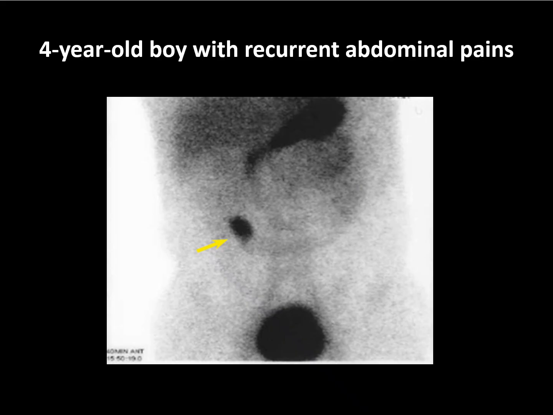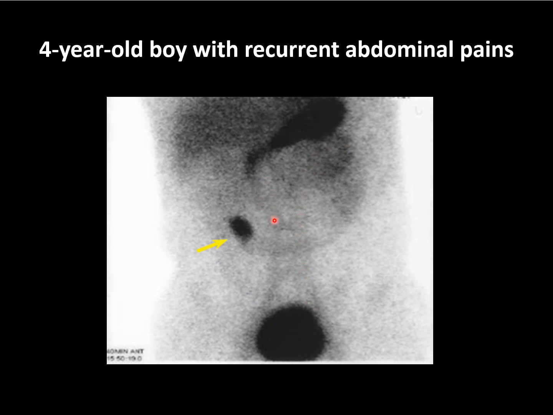Normally, technetium 99 is picked up by gastric mucosa, that's the stomach. When it passes through the bloodstream, it goes through the kidney, is filtered out, and is excreted in the urine. Here is the faint outline of the left kidney, and this is the ureter on the left side.